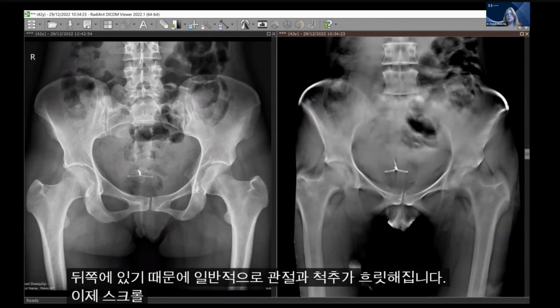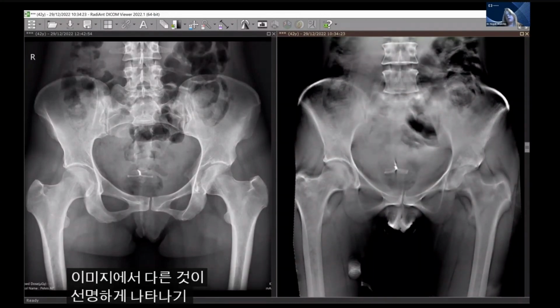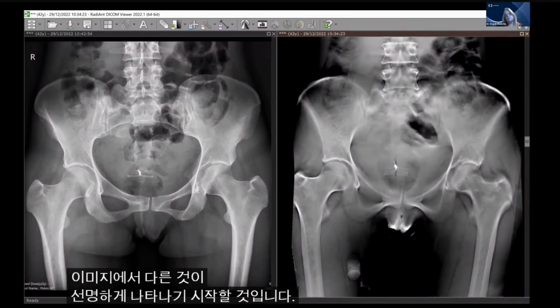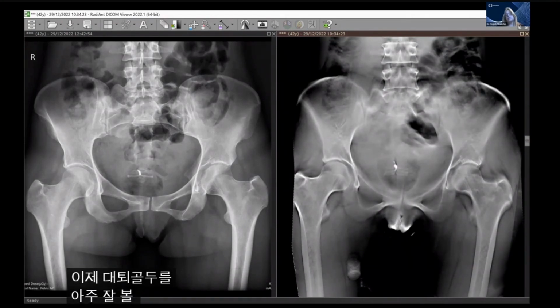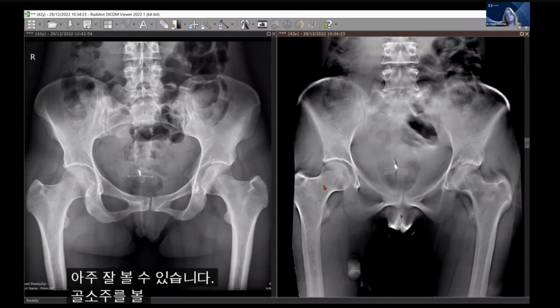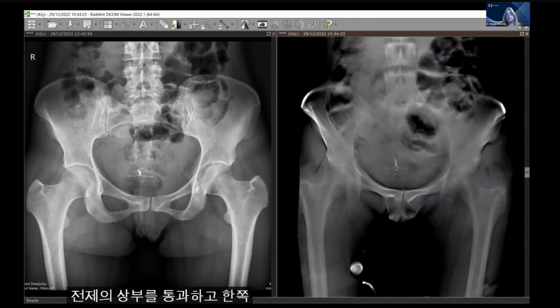So now I'm going to start scrolling and move to the back, and on each and every image, something else is going to start showing up as sharp, because it's getting into the plane of focus. So now I can see the femoral heads very nicely. I can see the bony trabecula, and go through the superior pubic ramus and from one blurred side to the other.